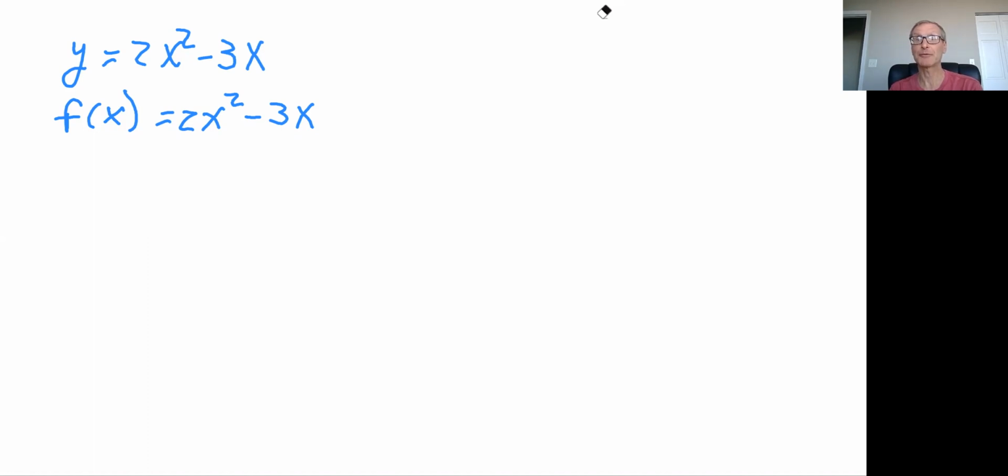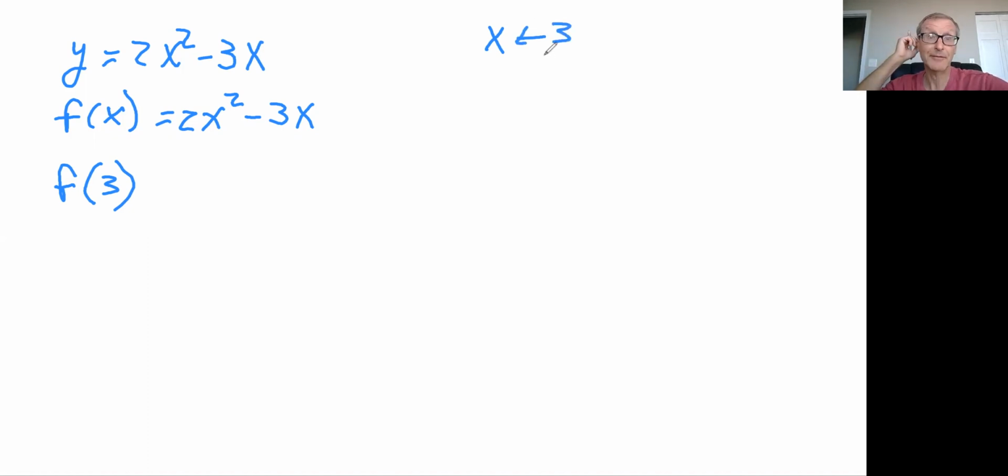So what we're going to now focus on is how to evaluate, and let's use this equation or function as the example. So the first one is, how do we evaluate, for example, f of 3? So that implies that wherever you see x, you want to plug in the number 3.